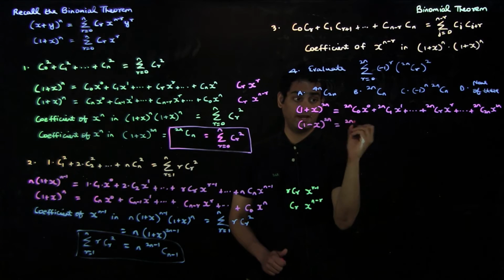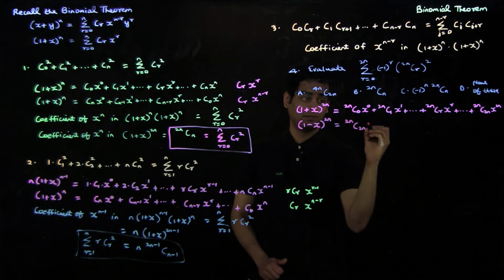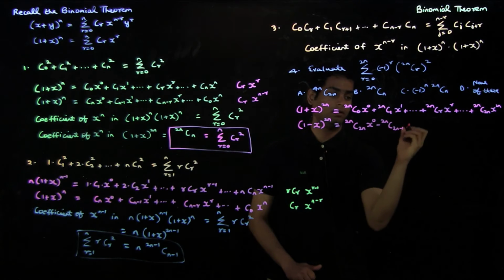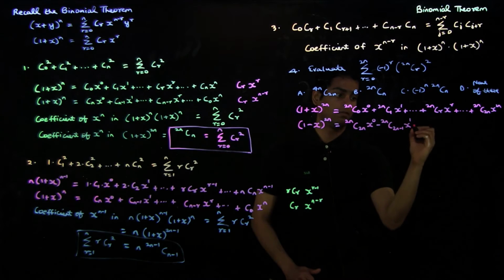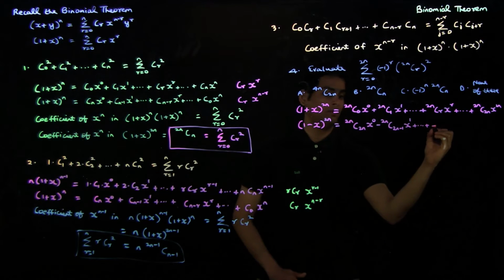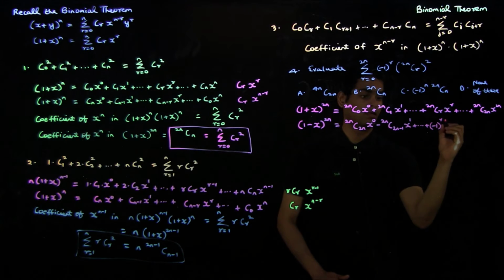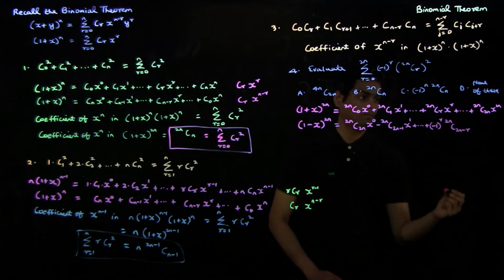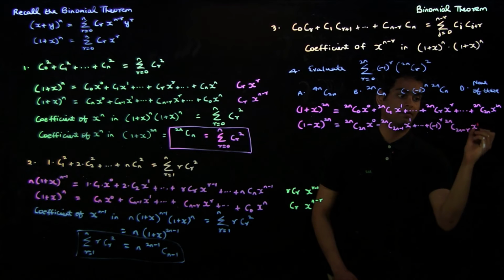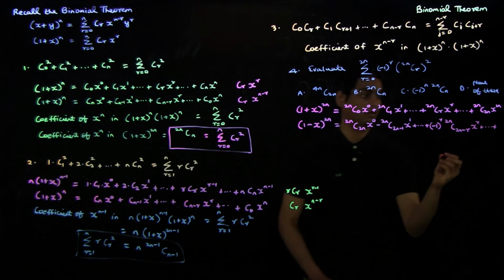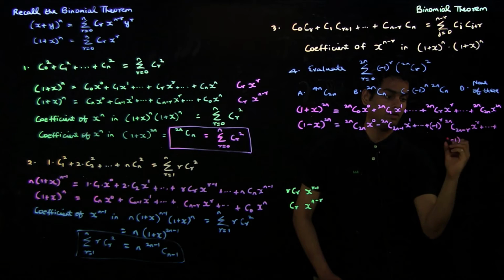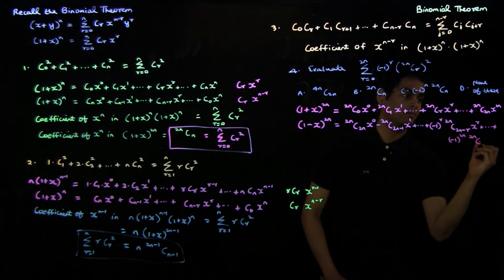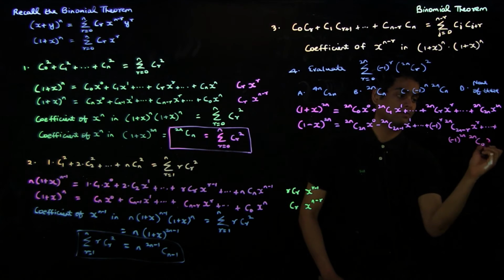This can be written as 2n c2n x power 0 minus 2n c2n minus 1 x power 1, and so on till minus 1 power r 2n c2n minus r x power r, and so on till minus 1 power 2n, 2n c0 x power 2n.